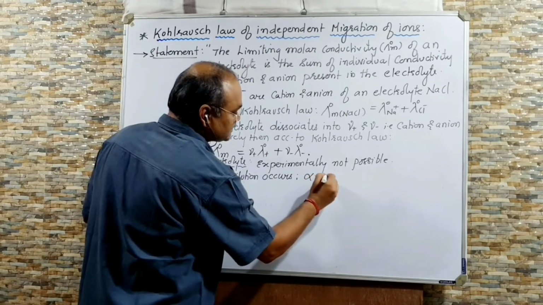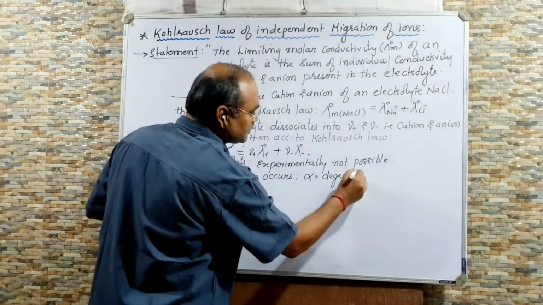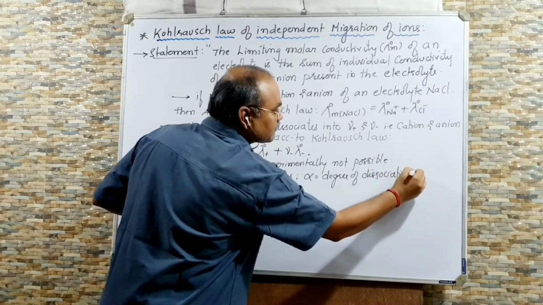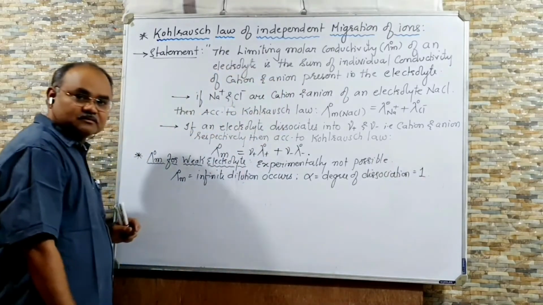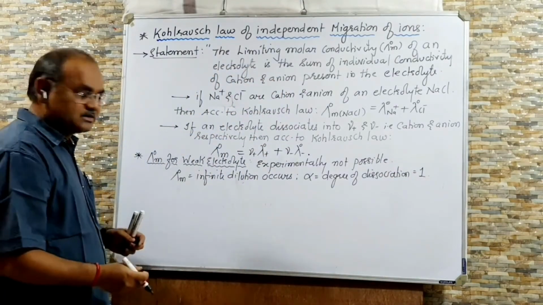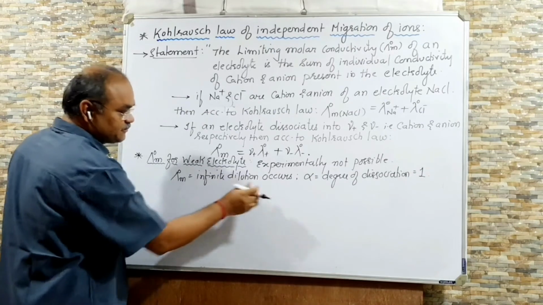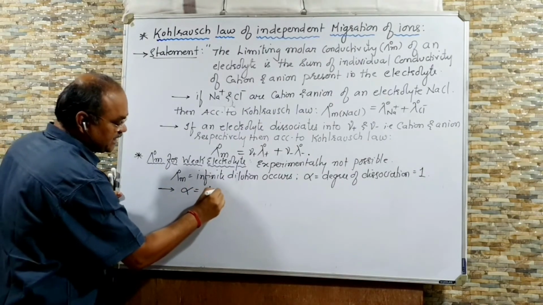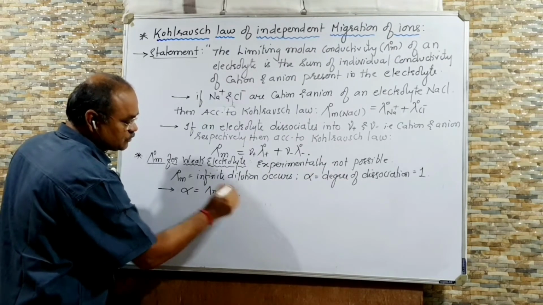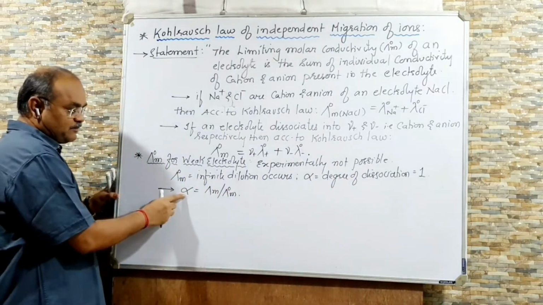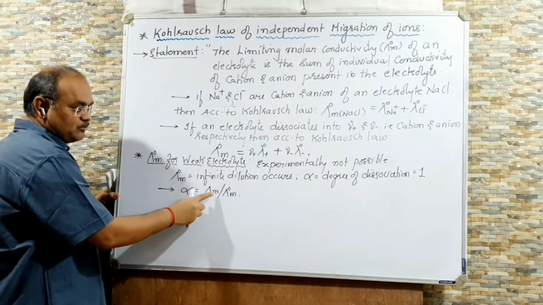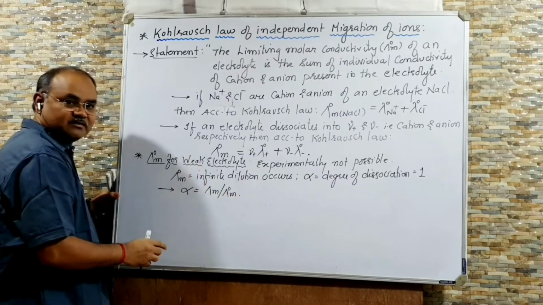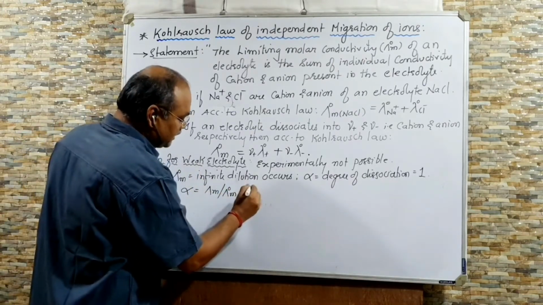Alpha, which is called degree of dissociation, will be equal to 1, because it is 100% dissociation taking place, right? Now alpha is equal to lambda m upon lambda 0 m. This you have to remember. Alpha, degree of dissociation, will be equal to the ratio of molar conductivity to limiting molar conductivity, right?